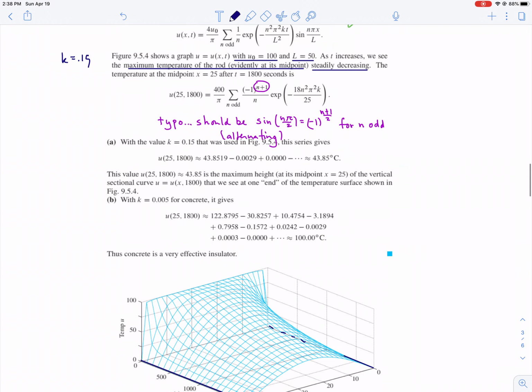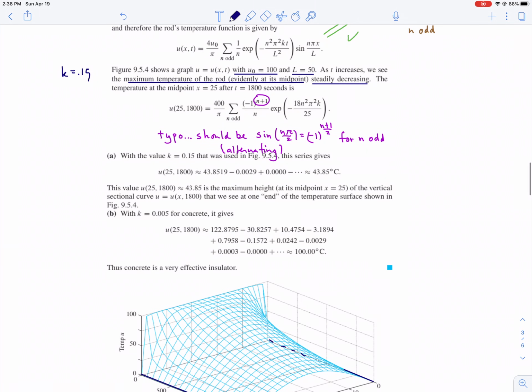So now they have a formula for the temperature at the midpoint, which is x equals 25, which is L over 2, because L was 50. They have a small typo, which I highlighted. This should give you an alternating series because you're only summing over n odd, and sine of n pi over 2 starts out as sine of pi halves, which is plus 1, then sine of 3 halves pi, which is minus 1.